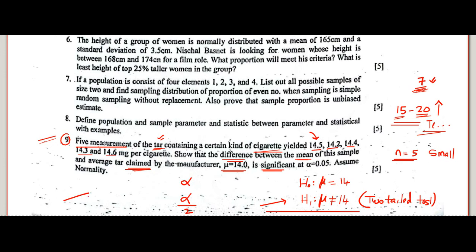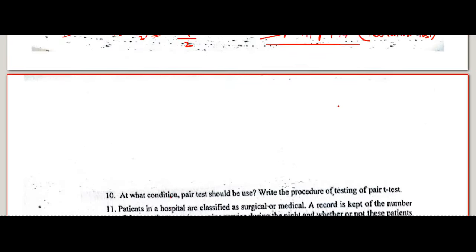The last thing I want to remind you is that the t tabulated value will be t of alpha by 2, comma, degrees of freedom. Degrees of freedom will be n minus 1. Okay, try this problem.